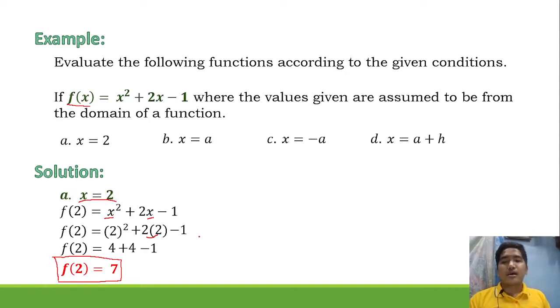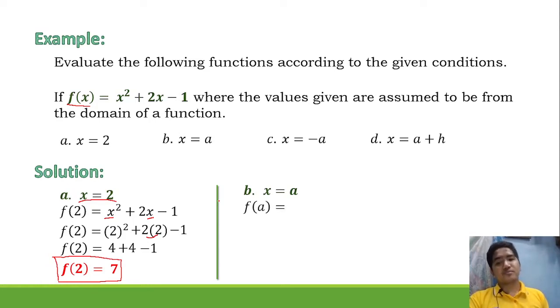Okay, next. We have here x is equal to a for letter B. So we substitute the value of x, which is a. It's the same as what we did in letter A. So we have f of a is equal to x squared plus 2x minus 1.